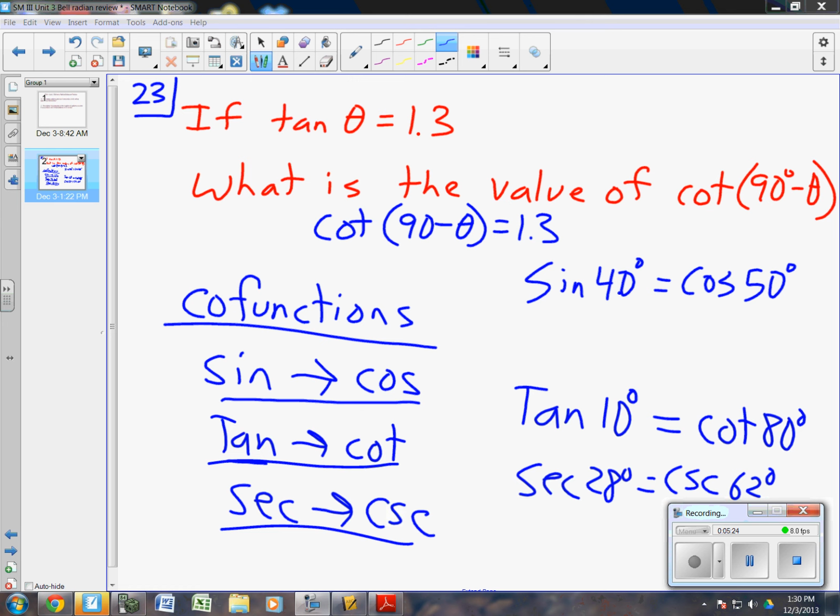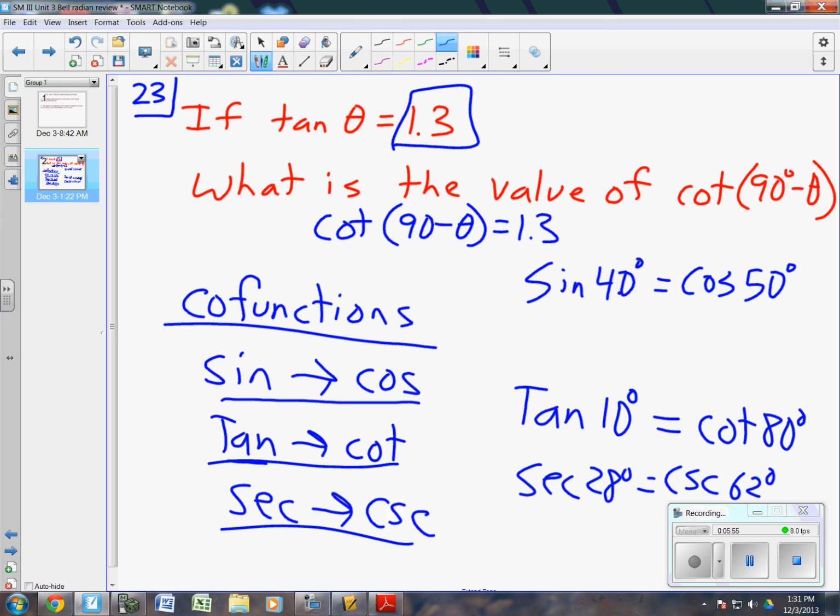Actually, I think the way they wrote this question is a bad way to do it, given that it's 1.3, because that's only for a specific angle. I don't even know what angle it's for. It doesn't really matter in our case. All we care about is that if you have an angle right here, 90 minus that angle is going to be the complement to that angle. Remember, two angles that add up to 90 are called complementary angles.